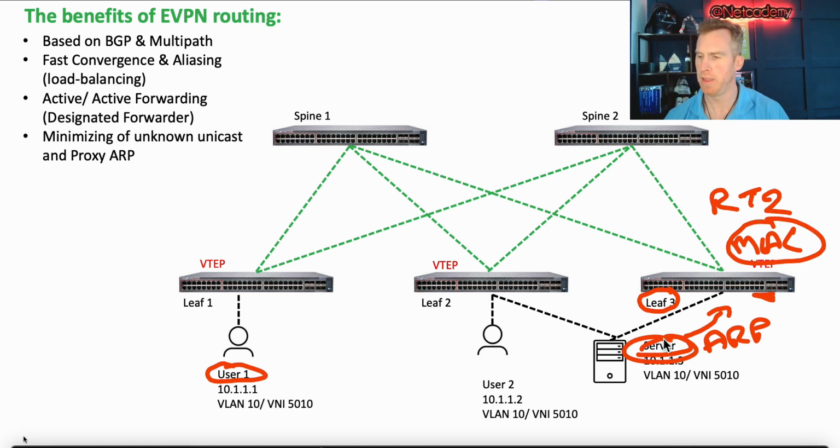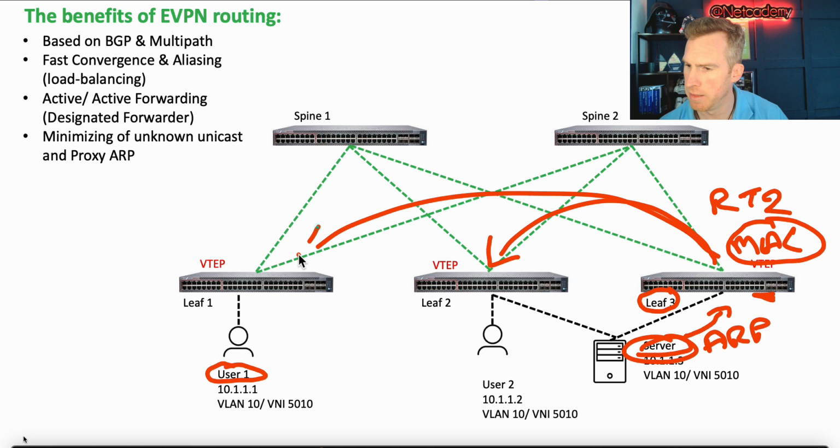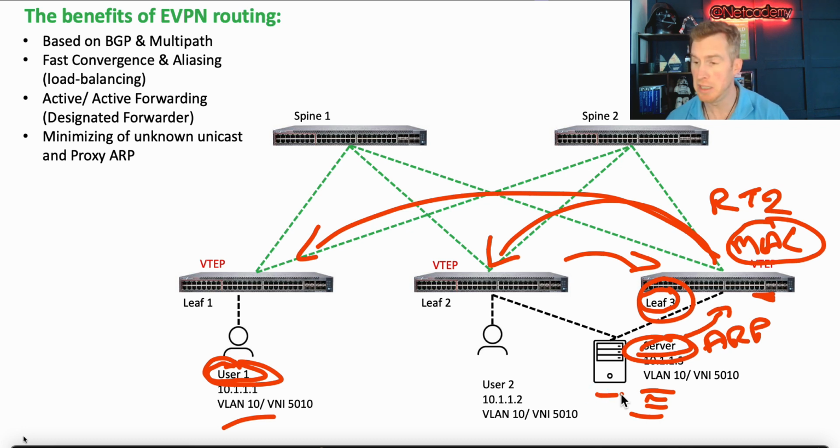So with the EVPN route type 2, which is basically a BGP update message, leaf 3 would advertise to all remote VTEPs, to all remote devices, that this MAC address is connected to me, that this server here is connected to leaf 3. So then when user 1 wants to send traffic back to the server, because this is a user, this is a server, it might be some kind of TCP file sending, etc.